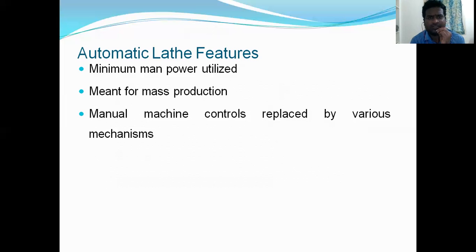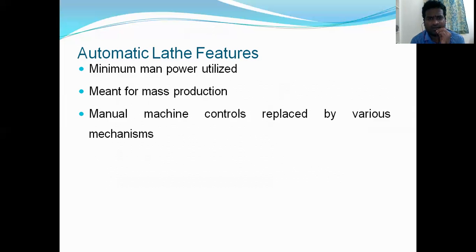In a conventional machine, while doing the operation, we have to give the feed manually and do some controlling also. But in automatic lathes, manual machine controls are replaced by various mechanisms. With those mechanisms, we have replaced the manual work.